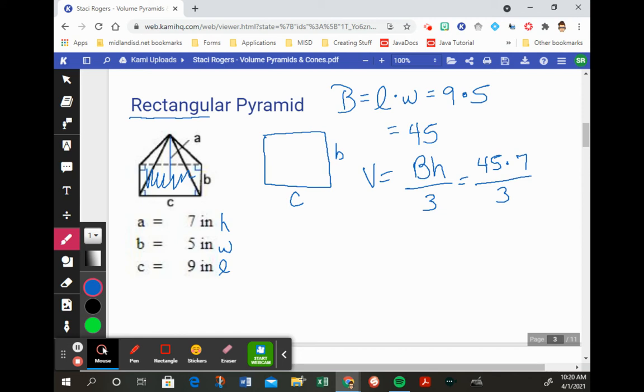Take my calculator, type it in, and I get V equal to 105. And I have inches, so I do inches to the third power. Easy peasy lemon squeezy. Let's try another one.